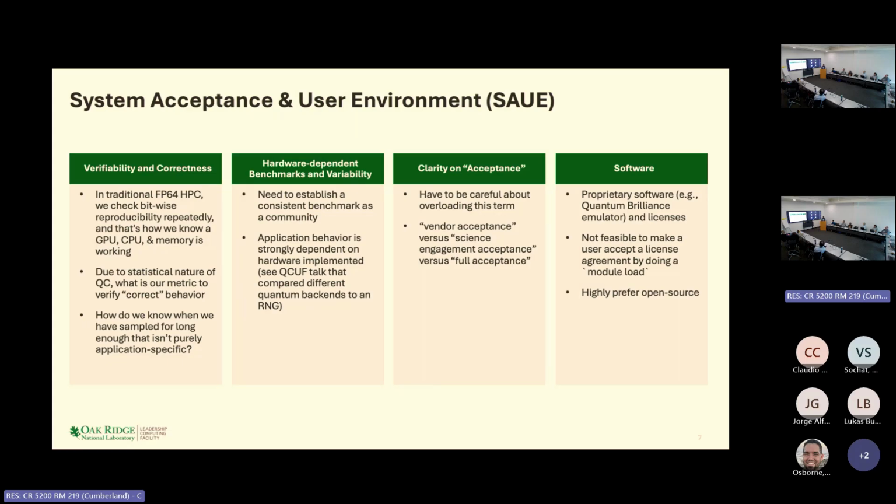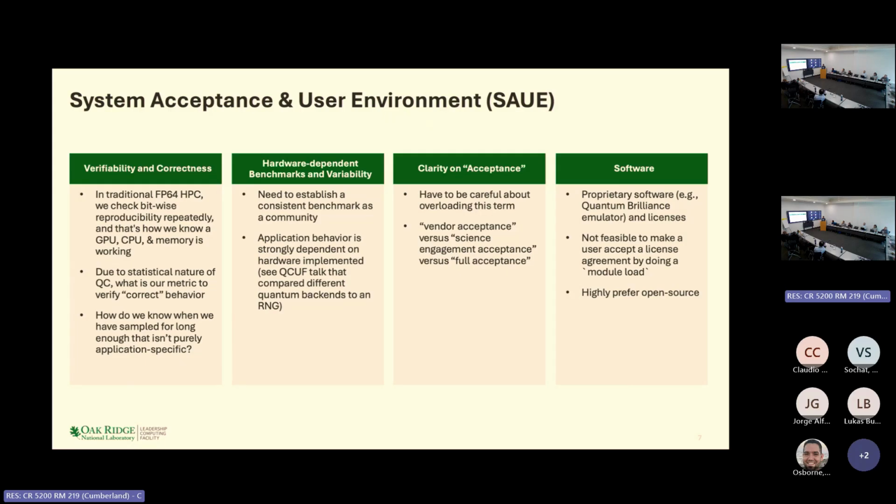Yeah, exactly, right. And I sort of touched on this already, a lot of it is hardware dependent. If you're working on an ion trap or superconducting, it means different behavior for different mechanisms, different applications, different hardware, right? I added this parenthetical at the bottom because I thought it was an interesting talk at QCuff earlier this week, where someone was testing benchmarking across different backends.